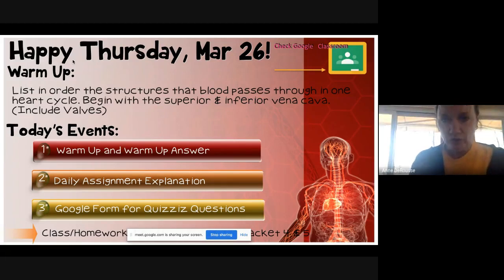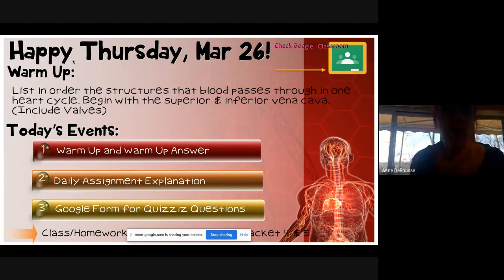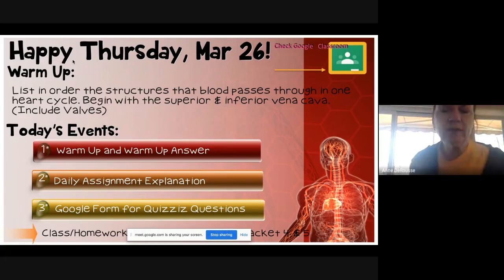List in order the structures that blood passes through in one heart cycle. So in other words, what I mean by a heart cycle is from the time the blood enters the heart, so it's coming back from the top part of the body through the superior vena cava.